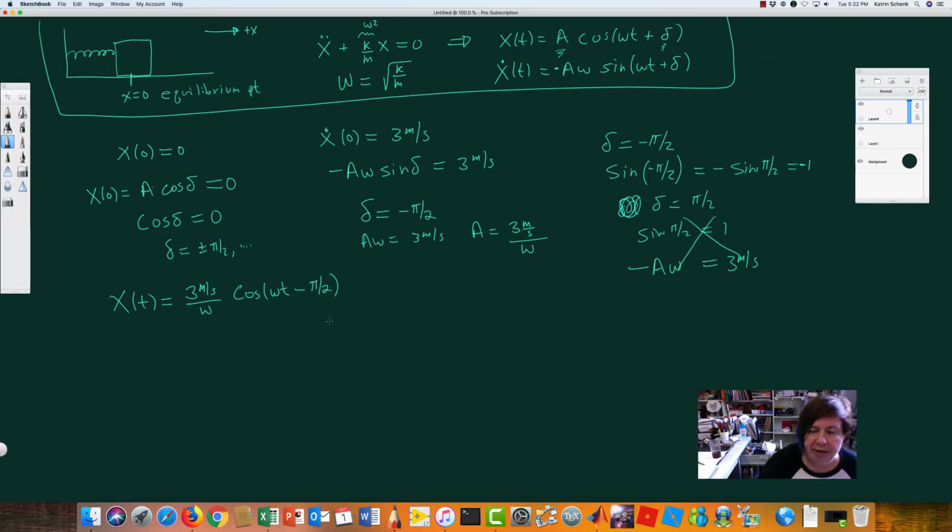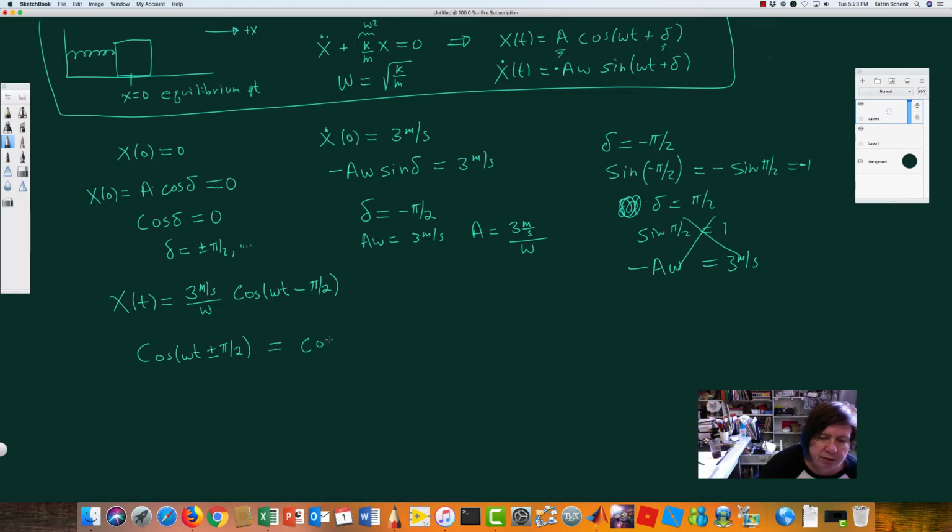Now you might remember that cosine of something minus pi over 2 is just the sine of that something. Let's go through that in more detail. Let's take cosine of omega t plus or minus pi over 2, because we're going to need both of them in a second. Right now we just need the minus one, but we might as well do them both.